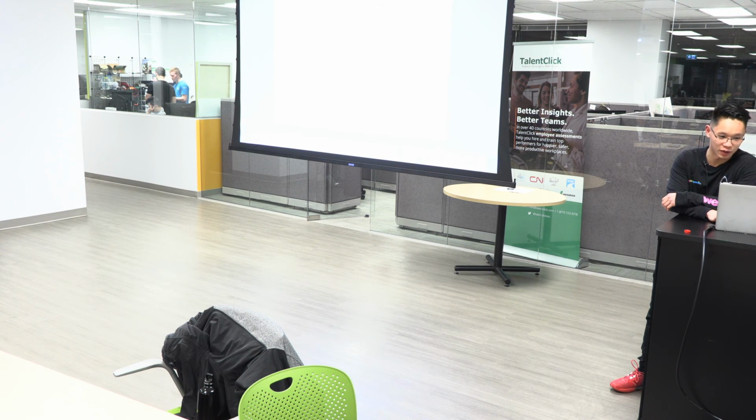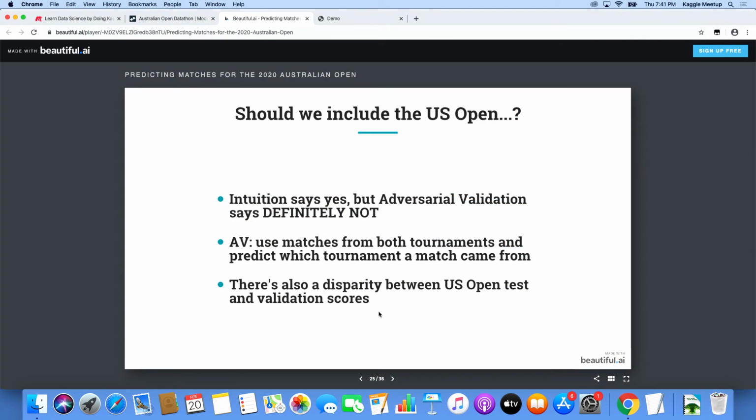Okay, now a question. Should we be including the US Open as a training example? So intuition says, well, yes, mainly because it's a hardcore tournament, it's a Grand Slam. It's played in the same way, the five-set match. So it's pretty comparable, right? Now, we use a trick called adversarial validation. I discovered this one from the fraud detection challenge, and I thought it was really interesting.